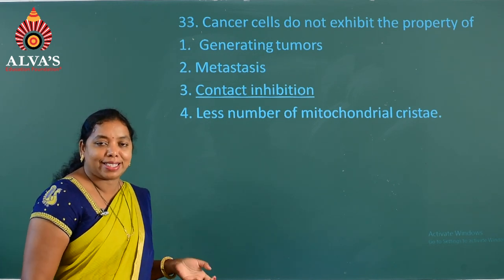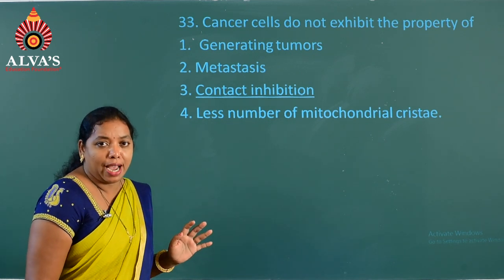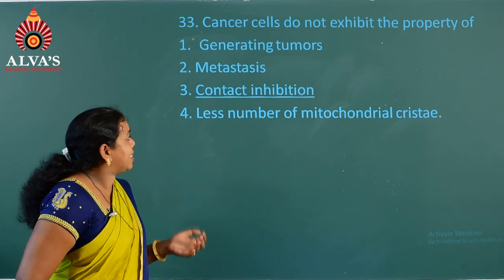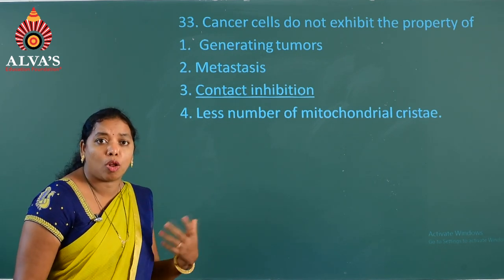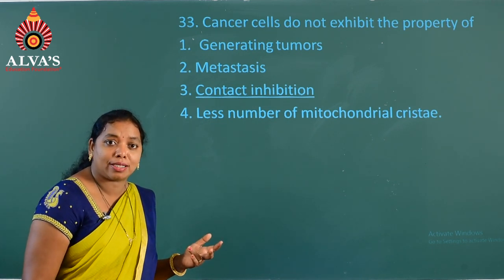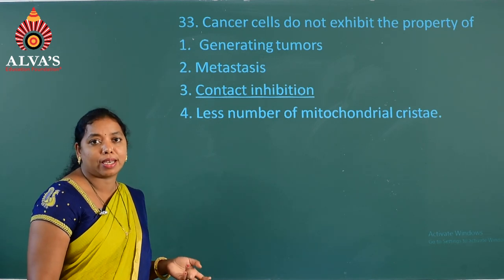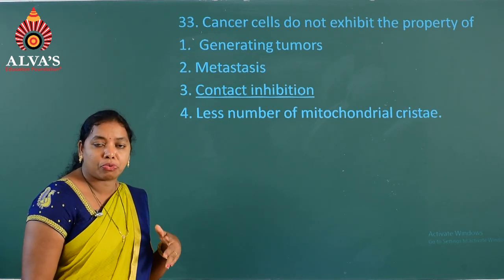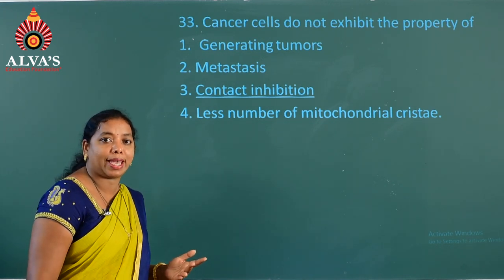Cancer cells are continuously dividing cells, and generally these cells have the property of generating tumors, that is, making other cells also become tumorous. The next one is invading other cells to become cancerous, which is the property of metastasis, and it travels from one region of the body to another to make other organs cancerous.